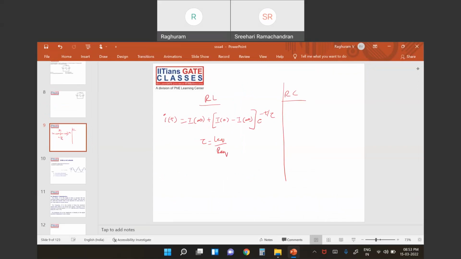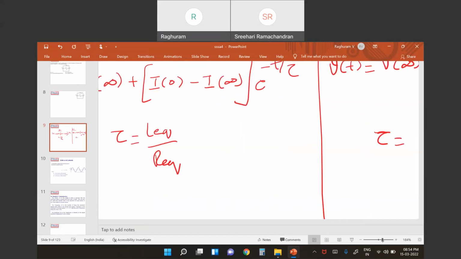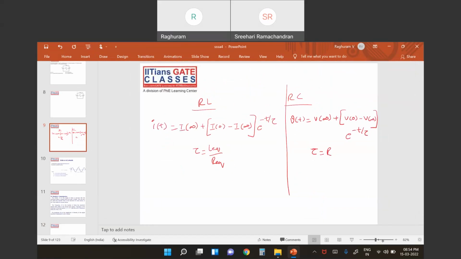In case of RC circuit, V of t is equal to V of infinity plus V of 0 minus V of infinity e power minus t by tau. And what is tau? Tau is equal to R into C, R equivalent into C equivalent.